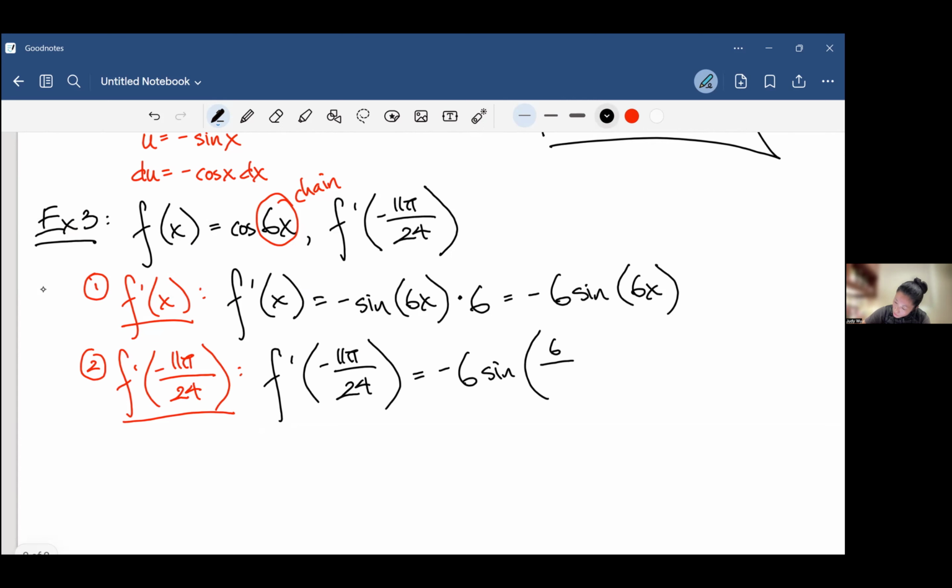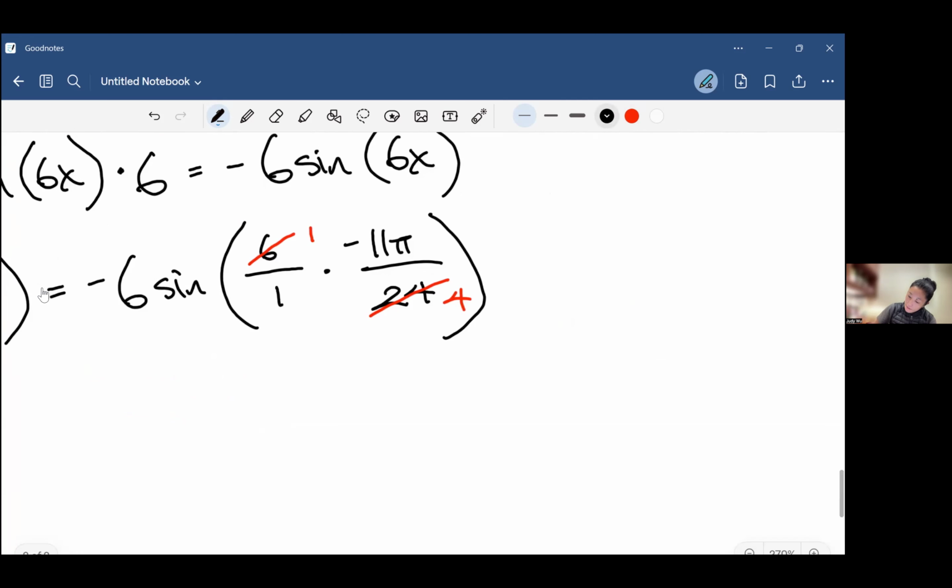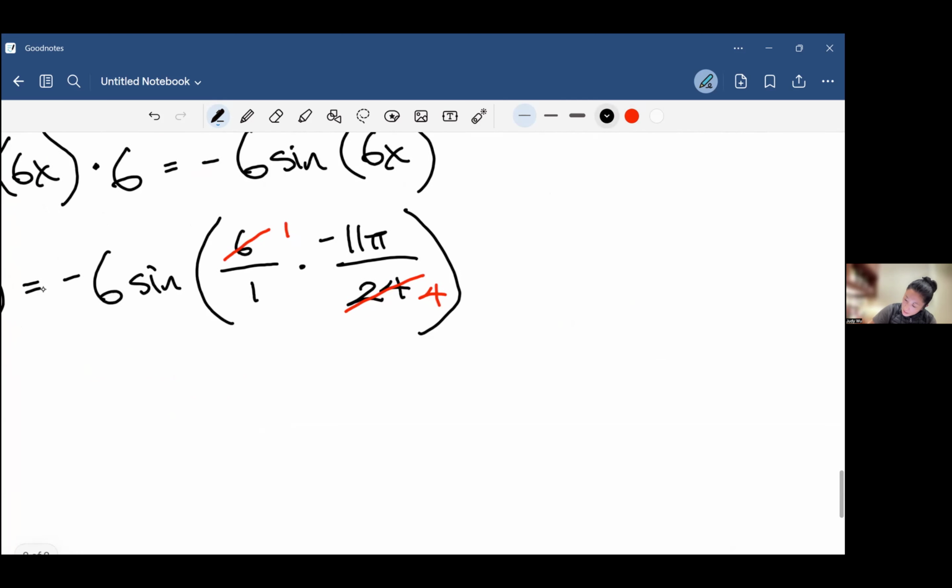Okay, so 6 over 1 times negative 11 pi over 24. All right, now let's do a little bit of simplifying, see what happens here. When I take 6 and 24 and I divide them, I get 1 and 4. And so what I really have here is negative 6 sine of negative 11 pi over 4.